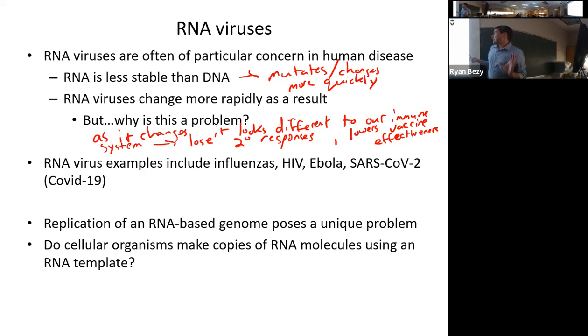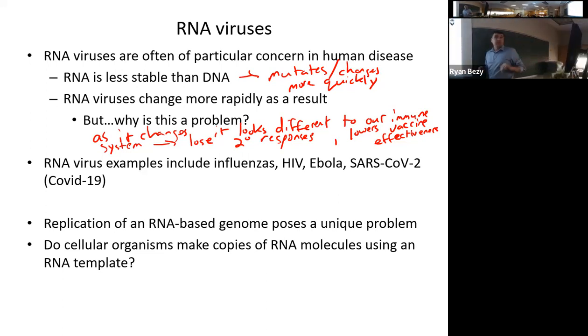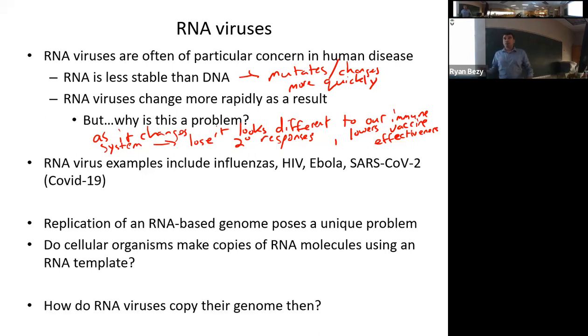No. And so with these RNA-based viruses, they have an RNA genome, but how do you copy an RNA genome into another RNA genome? Cells can't do that. Our cells cannot make RNA off of other RNA. They don't have any of the enzymes to do that. So what that means is the virus has to have the enzyme to do this. So what I'm really going to hit here is how do RNA viruses copy their RNA genome?